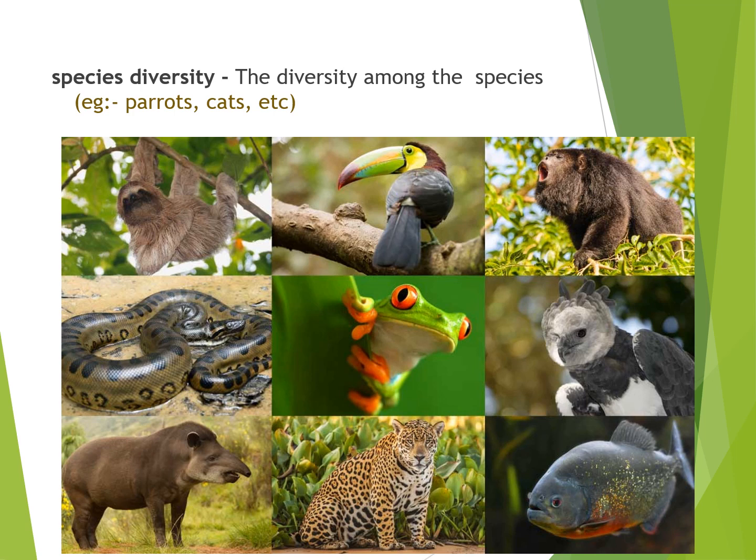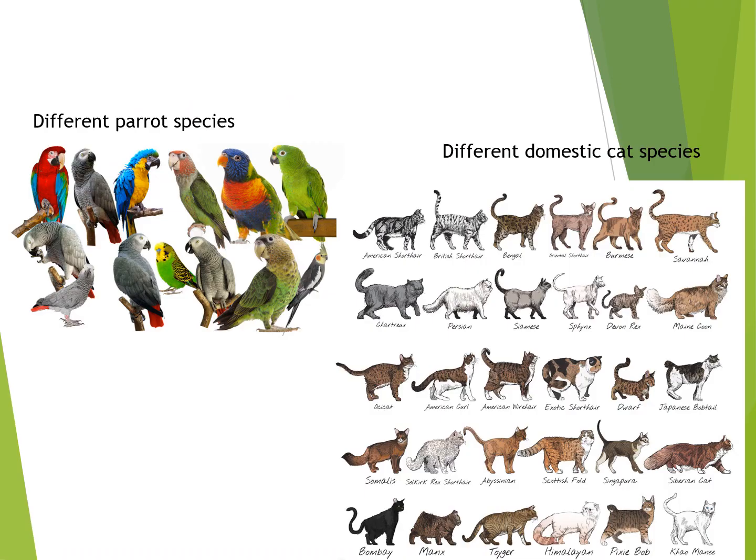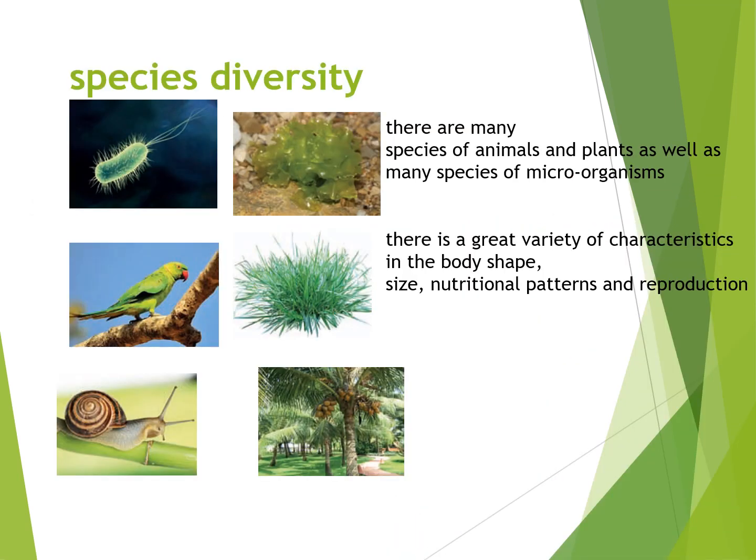What is species diversity? Diversity among the species. In this picture, you can see different types of species there. Here also you can see different parrot species, different domestic cat species. And here you can see bacteria, then algae, parrots, grasses, coconut tree, some snails.